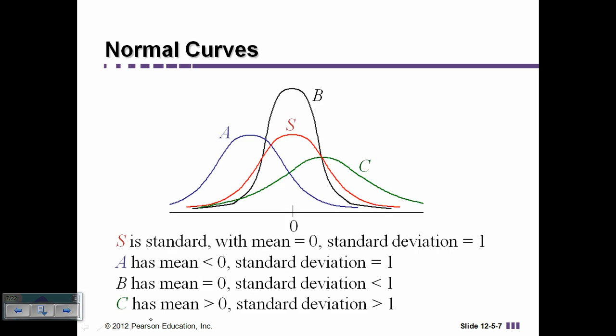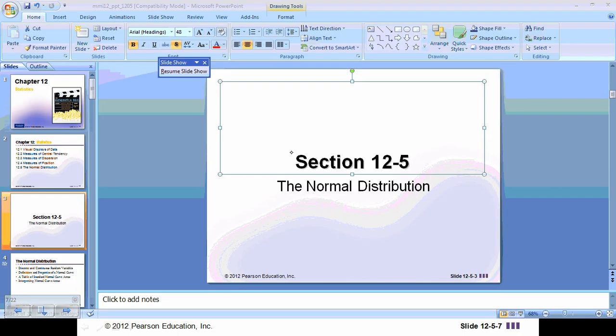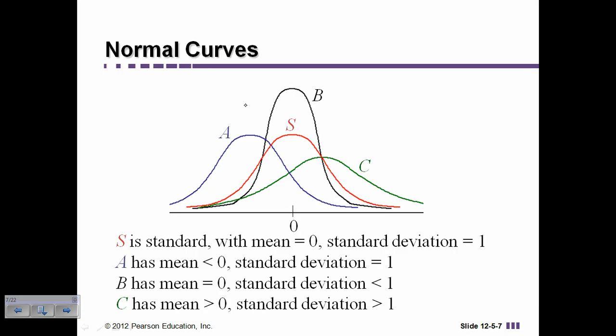So these are examples of some different normal curves that you can see. S is what we refer to as a standard normal curve, the red line that you see here. You'll notice that here we have 0, which represents the mean, right in the middle of the curve.